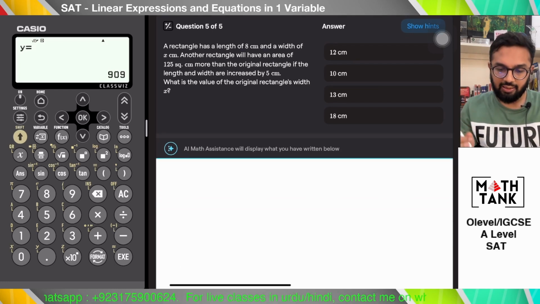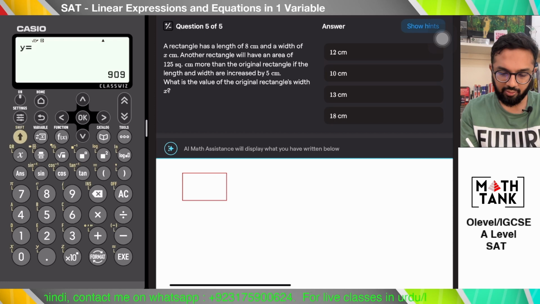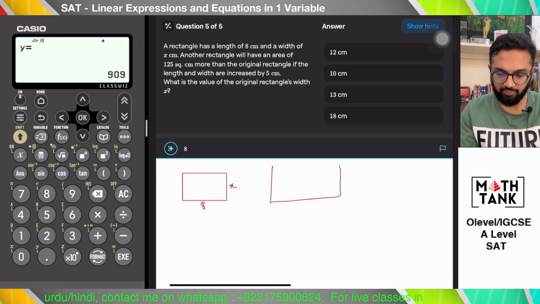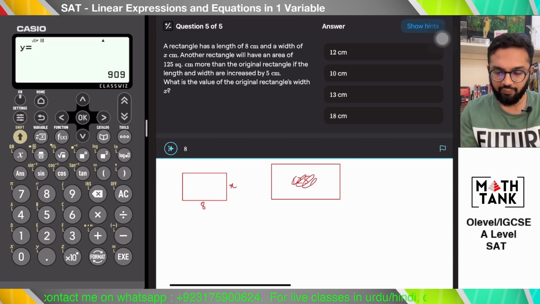Then it says a rectangle has a length of 8 centimeters and a width of x centimeters. Another rectangle will have an area of 125 square meters more than the original rectangle if the length and width are increased by 5.